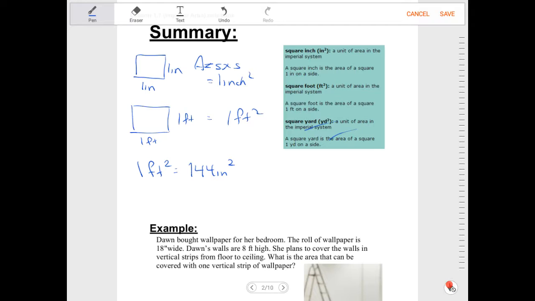Another one that you might want to use from time to time is if you have 1 yard squared, that is equal to 9 feet squared. So instead of making you memorize these things, they're all on your conversion factors table, and we will use some of these to essentially answer some questions.